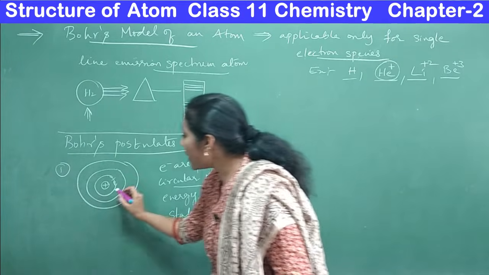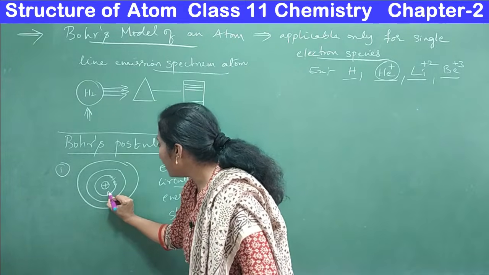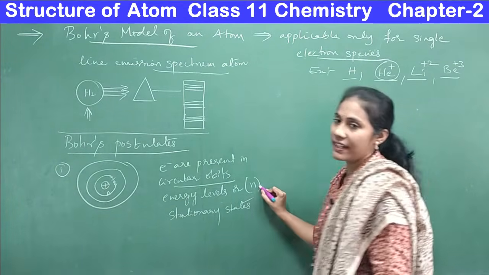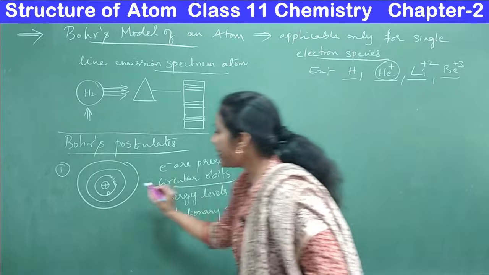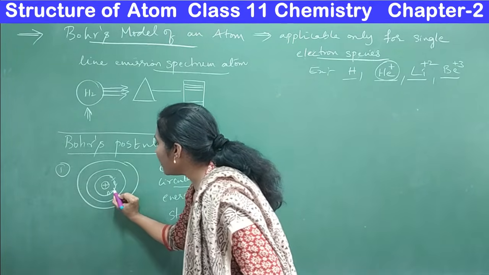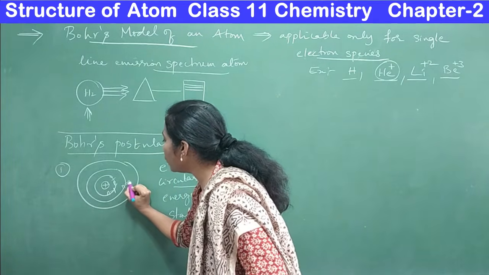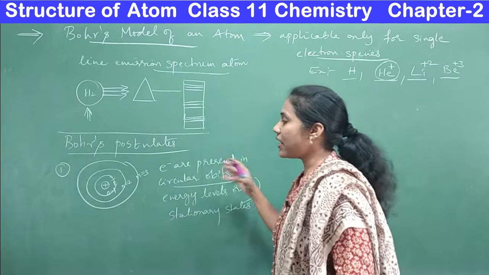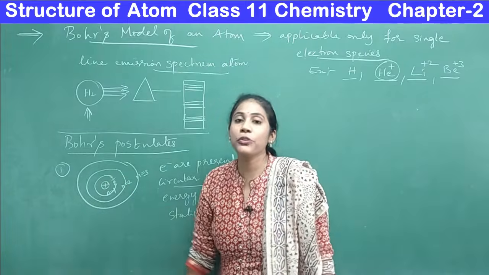So for example, this is our first shell, and this energy level is represented with a letter small n. So this is the n equals 1 shell, this is the n equals 2 shell, this is the n equals 3 shell. Like that, many shells can be present around the nucleus.